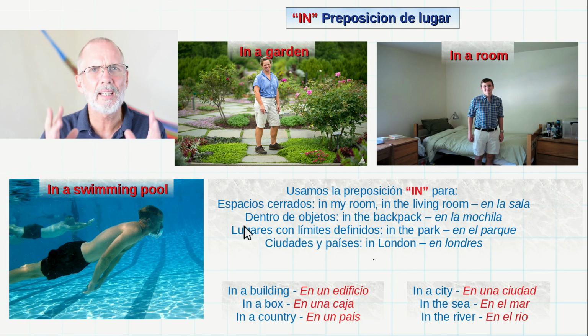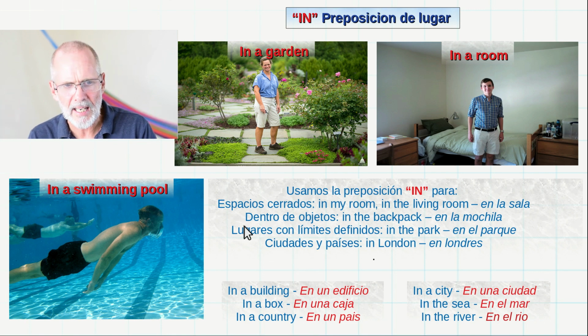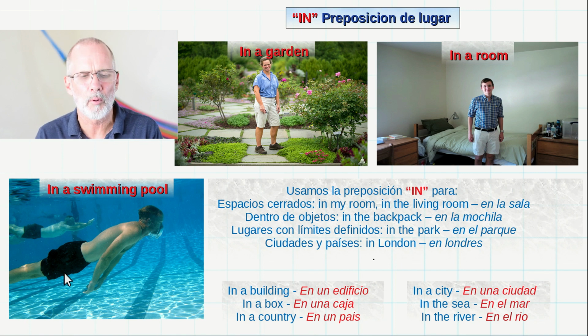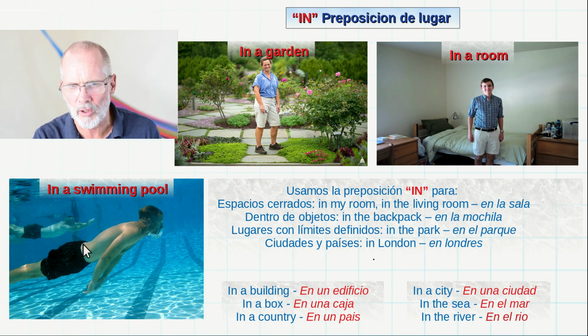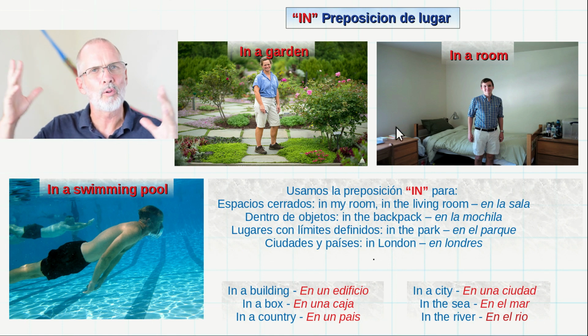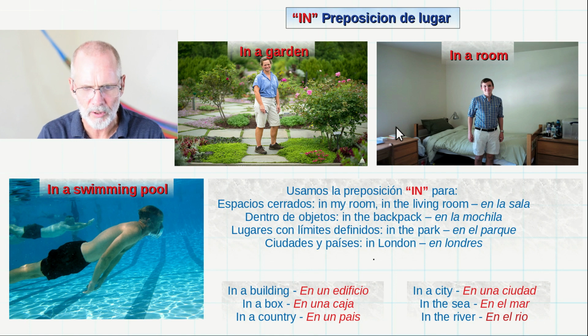So, principalmente este es para espacios de tres dimensiones, como aquí en estas fotos, in a room y in a swimming pool. En a swimming pool estás adentro del agua, entonces es tres dimensiones. In a room es un espacio de tres dimensiones.